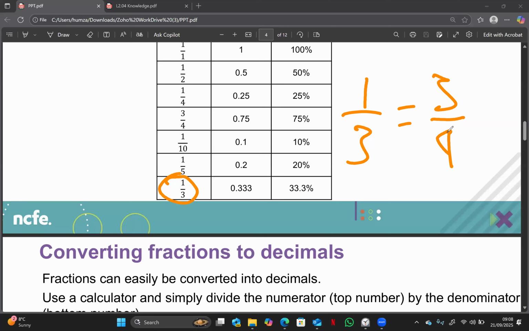If you multiply this by 3, you see that you get 99.9%. However, it is recurring, so that means you round it up to 100%, and that's why we write it as 1/3.